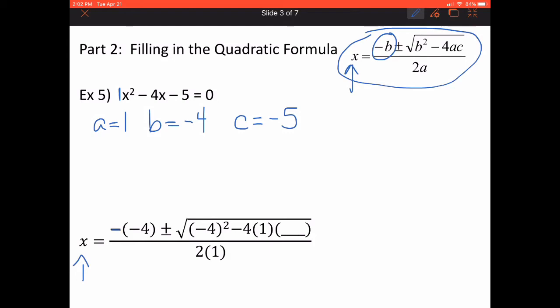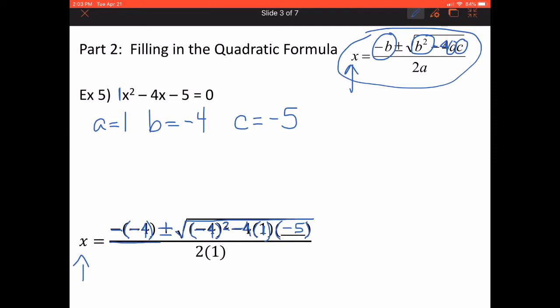The b value was negative 4, so that's already filled in, plus or minus the square root of, and under the square root we have b squared, so b was negative 4 squared, minus, the formula has a 4 built in, so minus 4 times the next term, a, which was 1, and after that there's a c, our missing term, so c was negative 5.